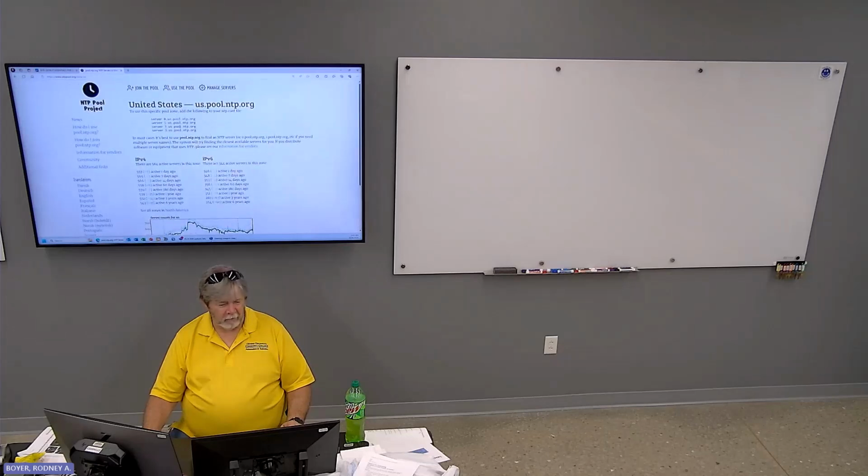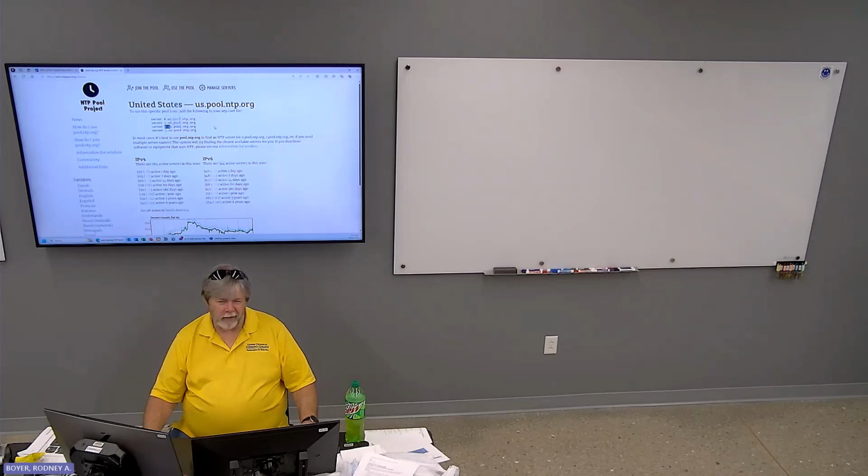Those are the addresses that you use: 0.us.pool.ntp.org, 1, 2, 3.